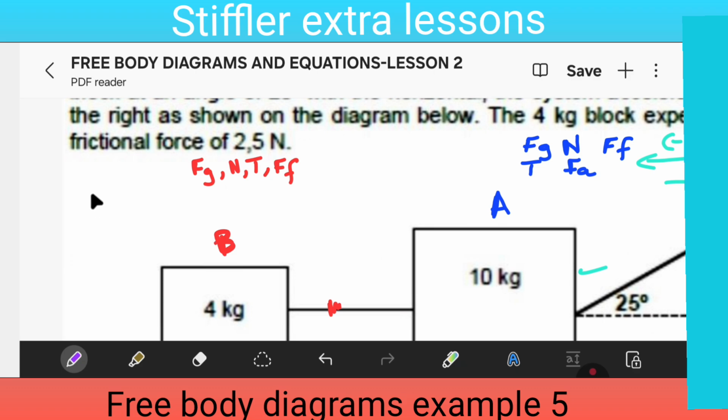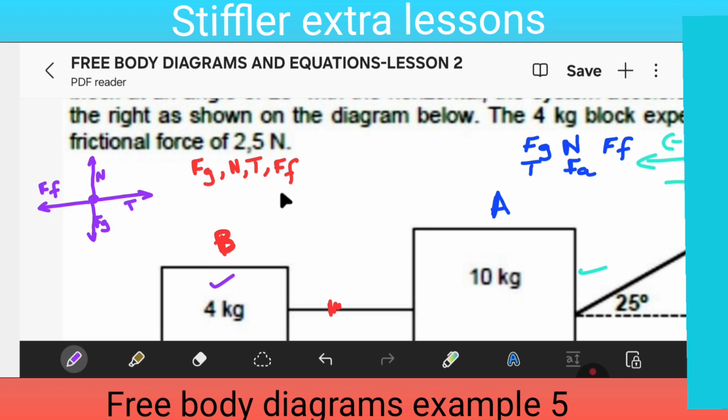Again, we can have our object, our normal force, which is straight up, and our FG, which is also perpendicular downwards, and we can have our tension there, and we can have our frictional force. So this is the free body diagram of this object.